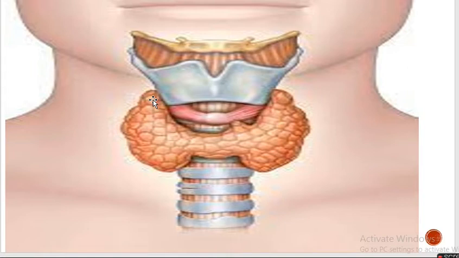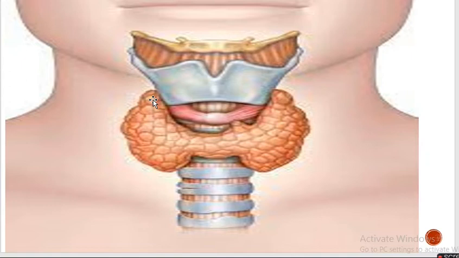So if the thyroid does not function properly, it can be hypofunction or hyperfunction, with symptoms depending on which type of disorder. If there is hyperfunctioning of the thyroid gland, it presents with features of hyperthyroidism. If the thyroid is hypofunctioning, it shows clinical features of hypothyroidism.